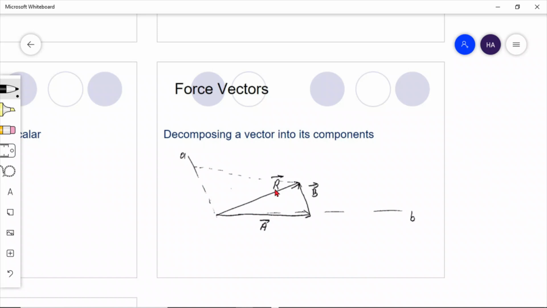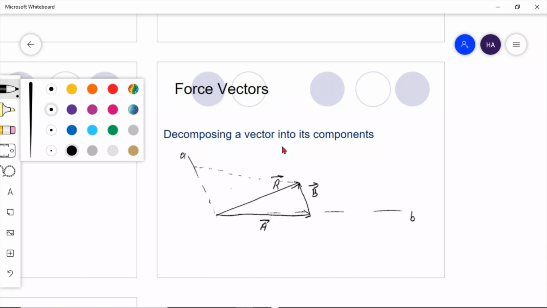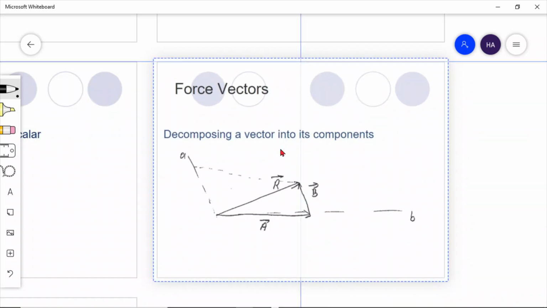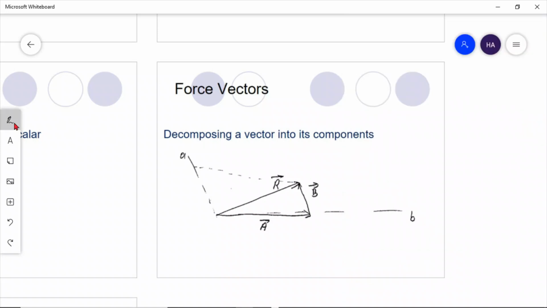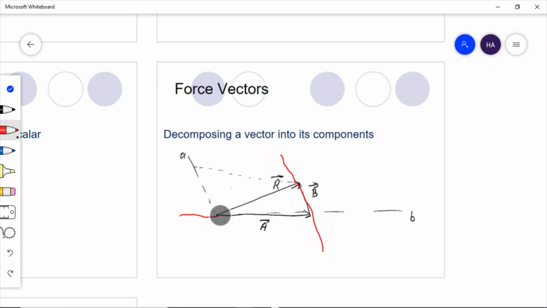Okay, so what we do is like this. We draw a parallel line to A, and then we draw another parallel line to B. Now I have these two parallel lines.